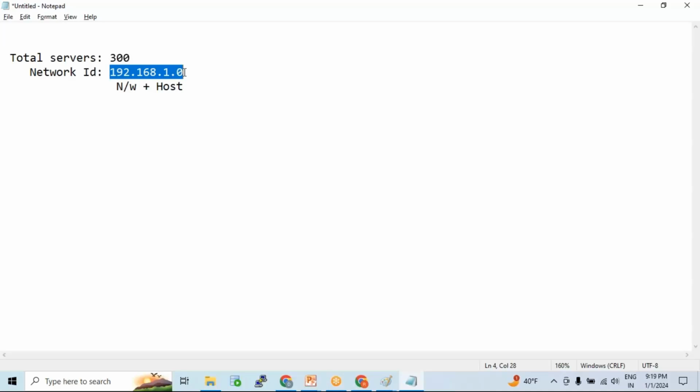Because I have 300 servers that need to communicate with each other, and I'm planning to create a network ID and create 300 IPs, and I need to ensure that all the 300 IPs are in the same network. Then only can they communicate. That is the knowledge that we have so far, right? Is it the right expectation at this time? I want to generate IP addresses that must belong to this network ID, correct?